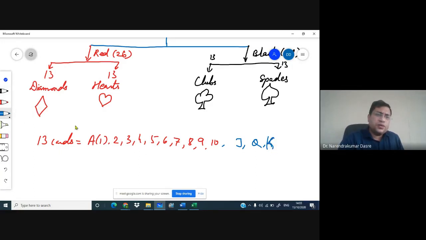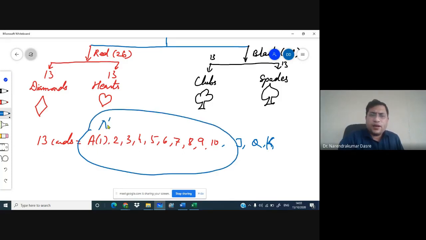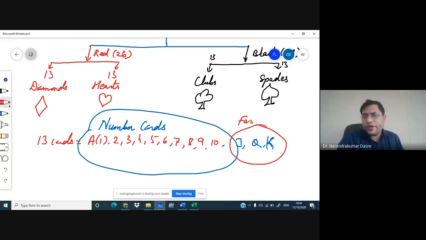So these cards are called number cards, and these cards are called face cards, or also called picture cards. There is a face or picture on these cards, Jack, Queen, and King. So these are called face cards or picture cards, and these are all called number cards.